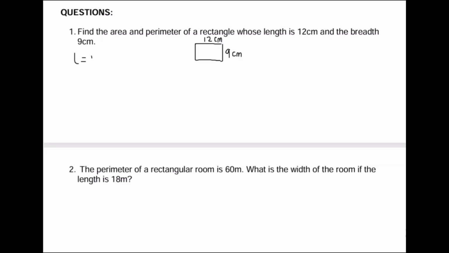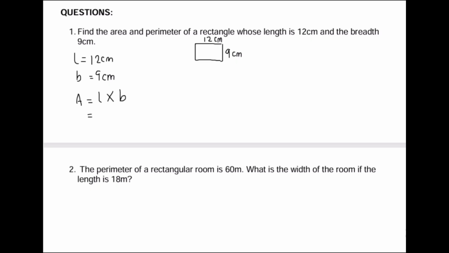So let's find the length. Let's write this out. Length is 12, while our breadth is 9. So we're going to use this to find both the area and perimeter. So area is equal to length times breadth.